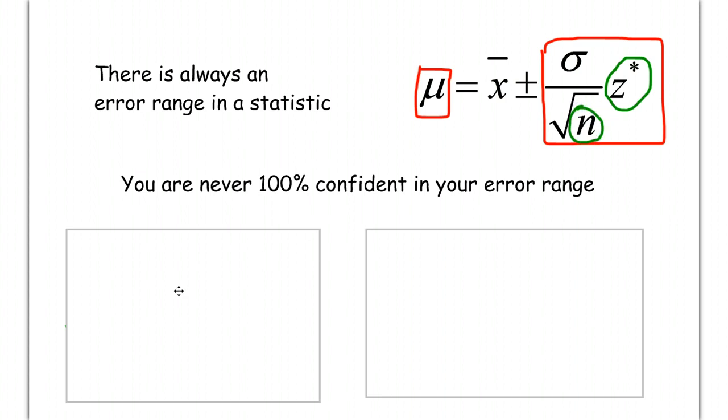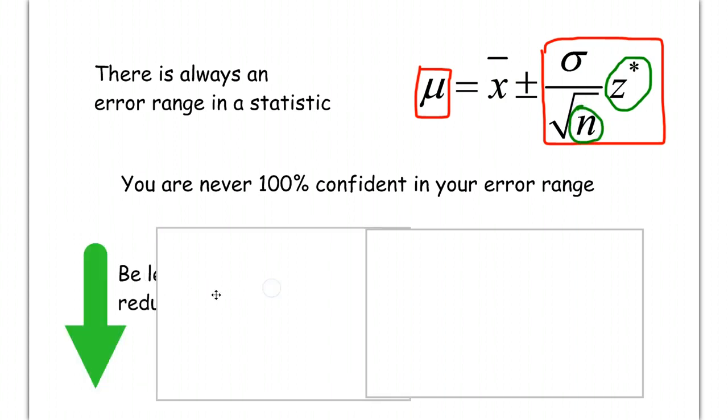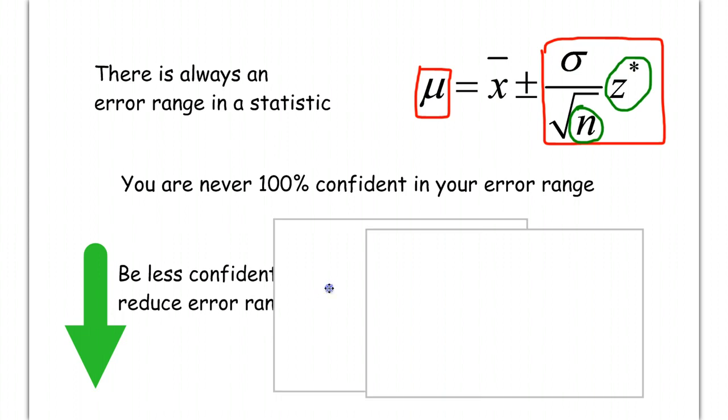So the first way to decrease your error range is to just be less confident. If I'm only 10% confident, I can give you a pretty darn precise guess of what the mean's going to be, because there's a 90% chance I'll be wrong. But if I want to be 99% confident, then my z-star gets to be pretty big.